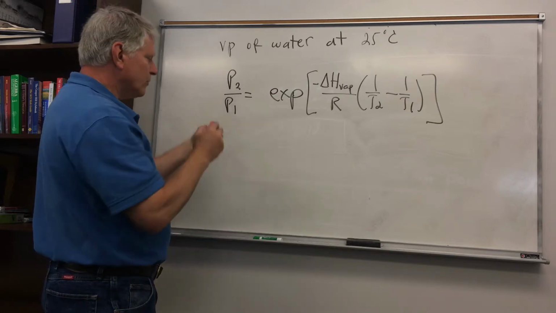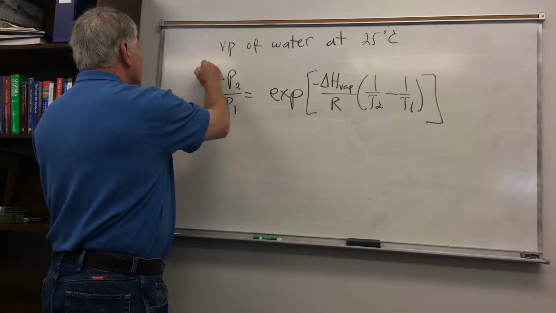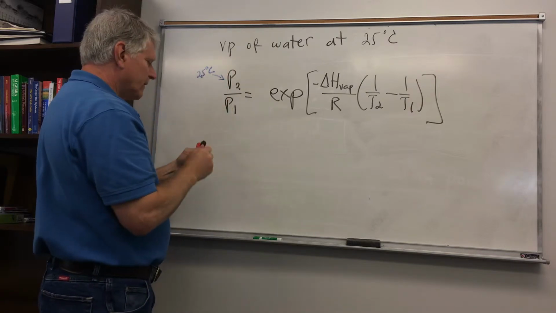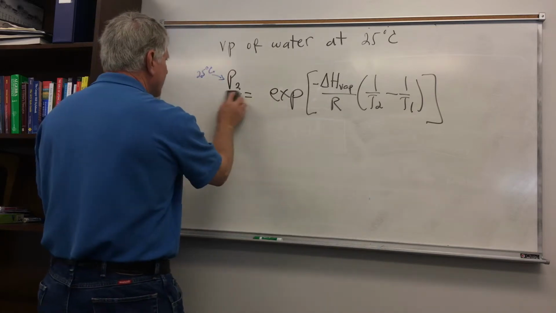So I'll let P2 be at 25 degrees centigrade, the vapor pressure. So I'll bring P1 to the other side of the equation.